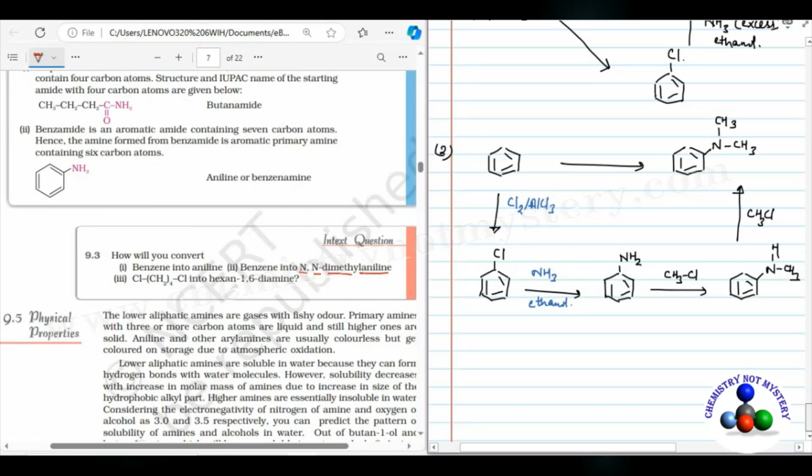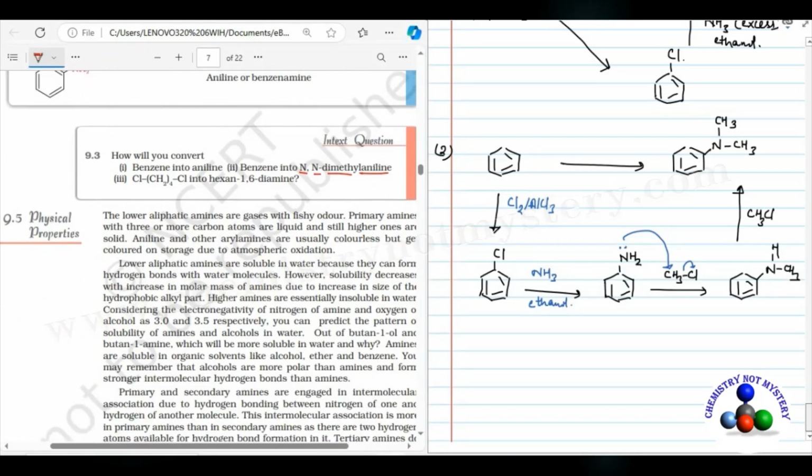When aniline reacts with chloromethane, again nucleophilic substitution reaction occurs and you will get N-methyl aniline. When it further undergoes nucleophilic substitution reaction with chloromethane, again you can get N,N-dimethyl aniline.